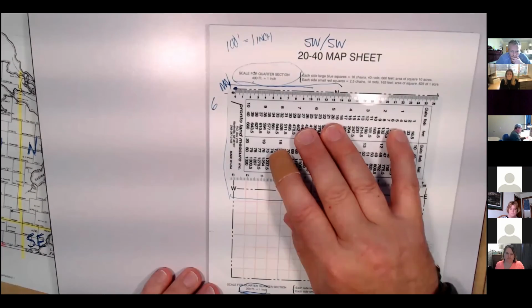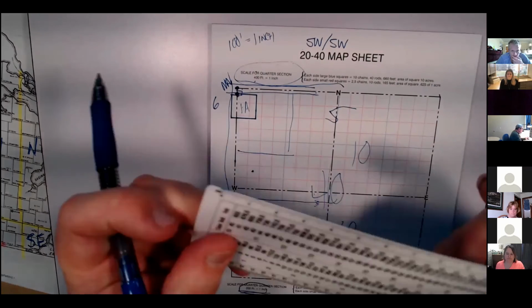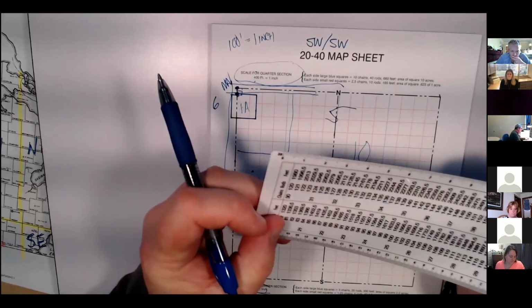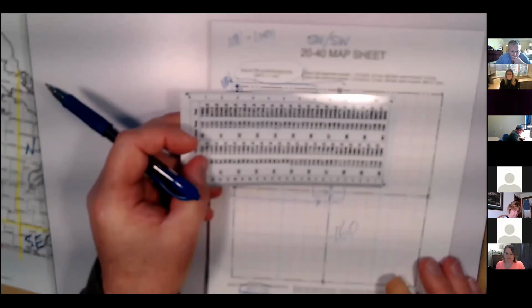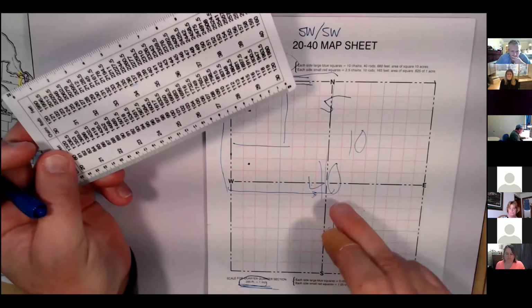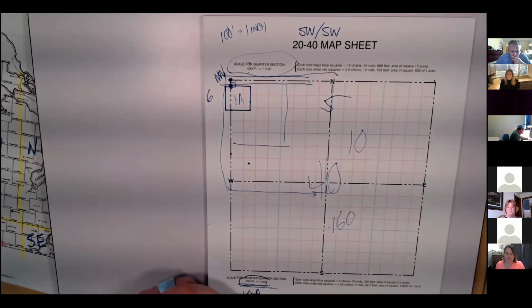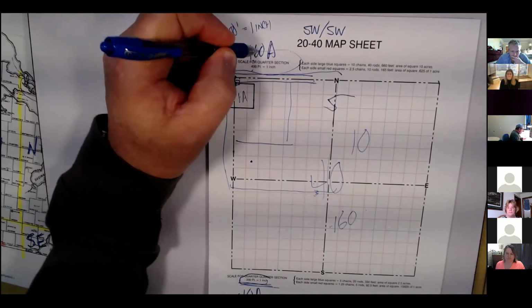So this tool right here is designed to use with this paper, either as a 40 acre on this scale or on 160 acres for that scale.